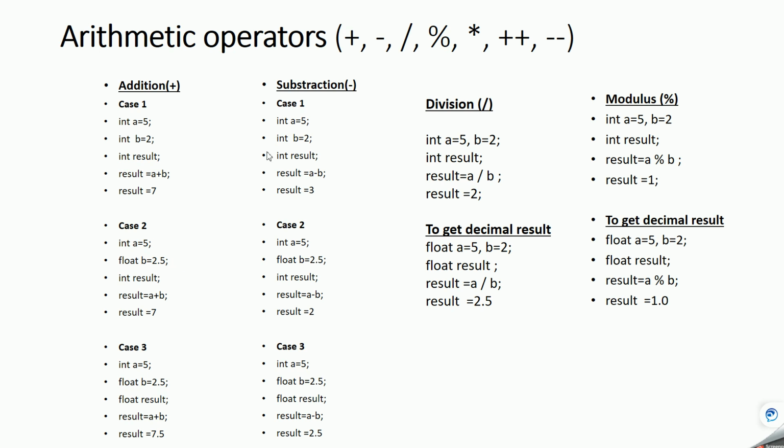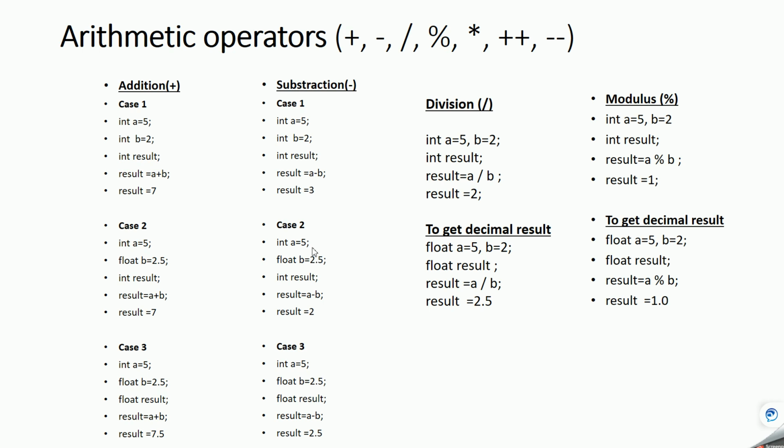Let's see another operator called subtraction. Subtraction works the same as addition, just here we do the subtraction. Here also we have two variables, and this will give the result 3.